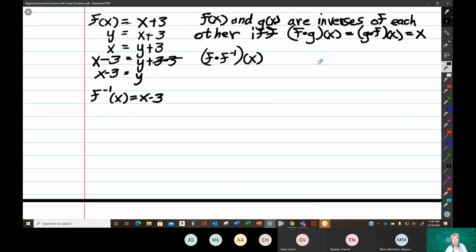And then that's not enough. I have to compose the other way also. And they both need to equal x, actually.